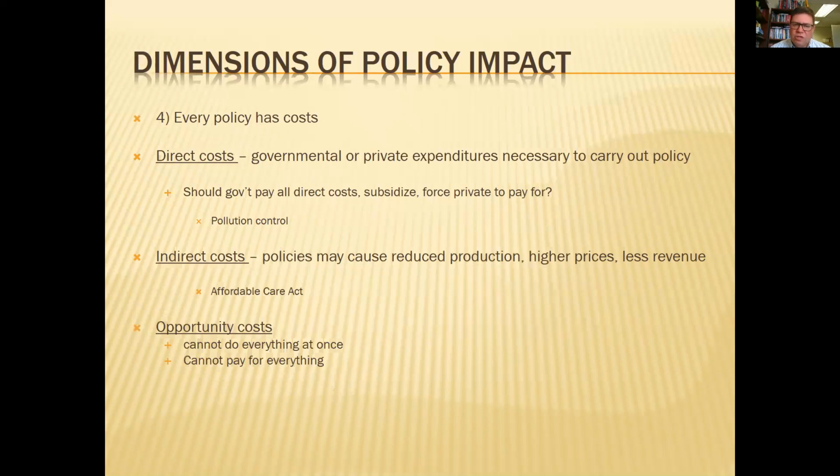And use the example of pollution control here. There are many ways that we can take a look at who would pay for pollution control. Should we pass this cost directly on to, say, for example, the coal-fired power plant? Are they completely responsible for retrofitting their coal-fired power plant to have less emissions? That would be a direct cost.